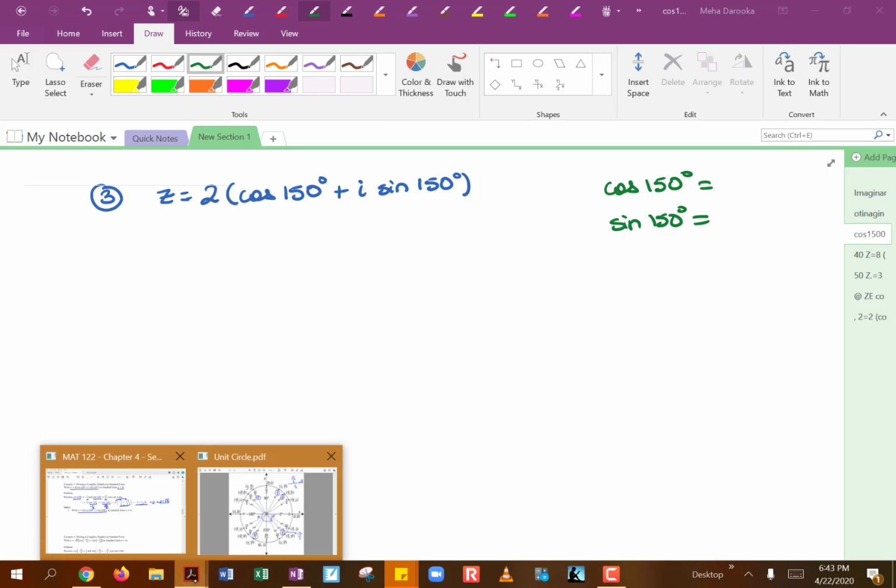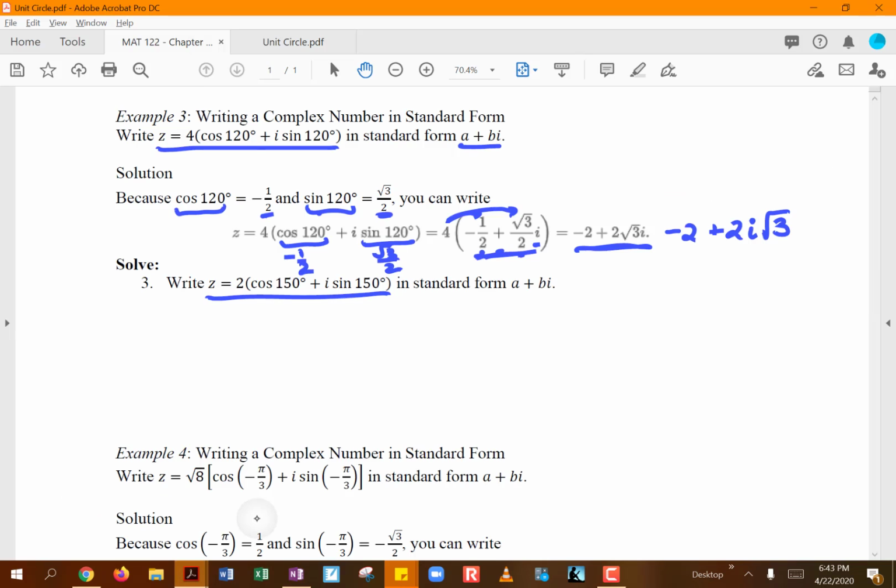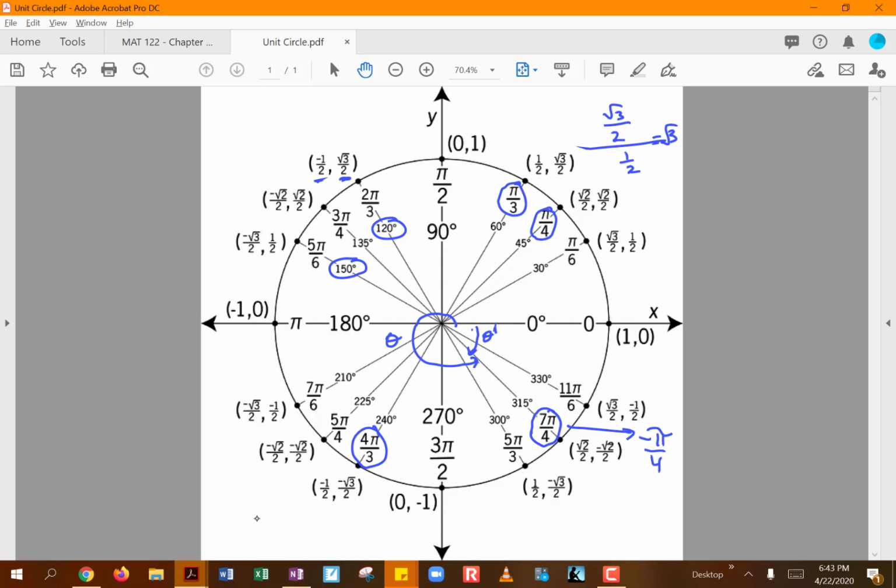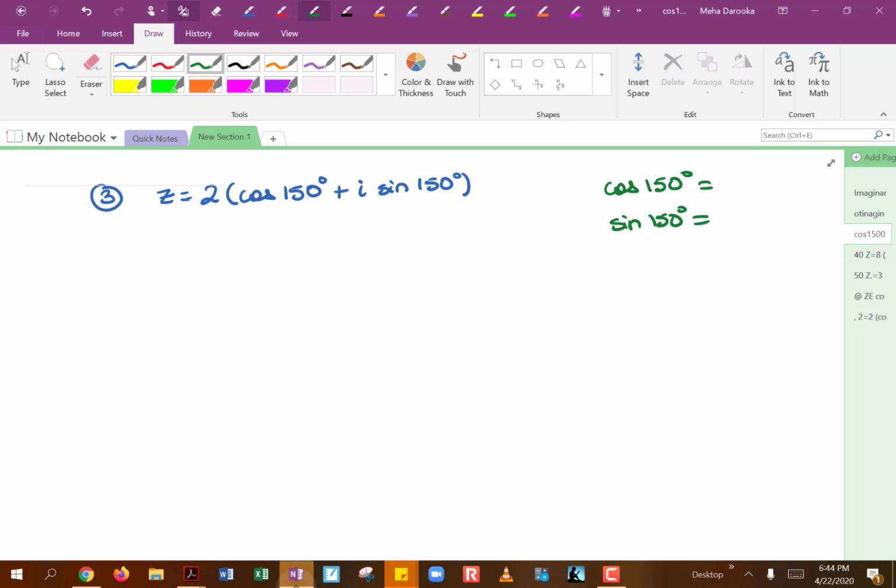So let's go back to our unit circle, and we're looking for 150 degrees, which is right here. So cosine is negative square root of 3 over 2. Sine is 1/2. So cosine is negative square root of 3 over 2. Sine is positive 1/2.